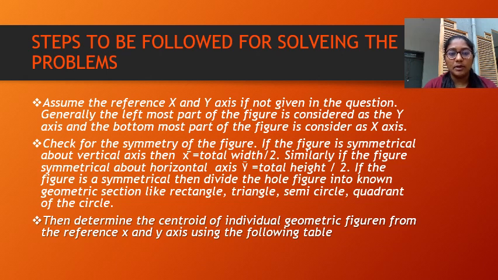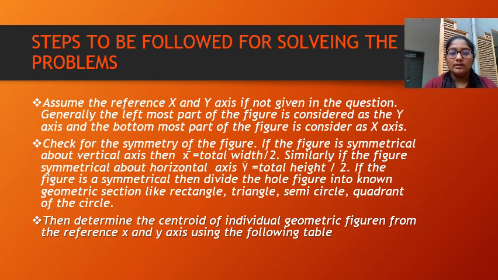The second step is to check for the symmetry of the figure. If the figure is symmetrical about the vertical axis, then x bar is equal to total width by 2. Similarly, if the figure is symmetrical about the horizontal axis, then y bar is equal to total height by 2.